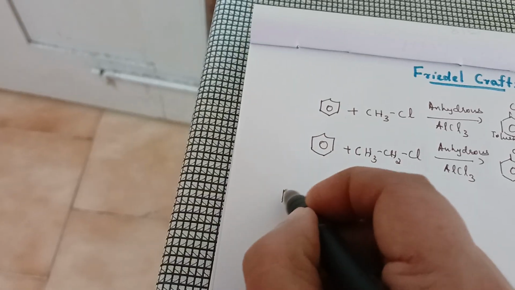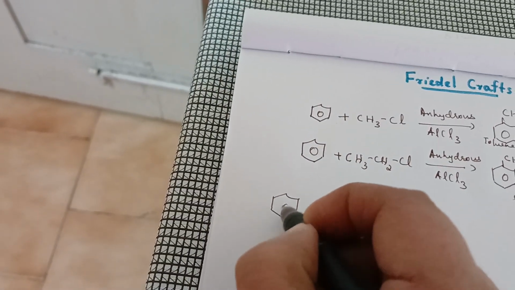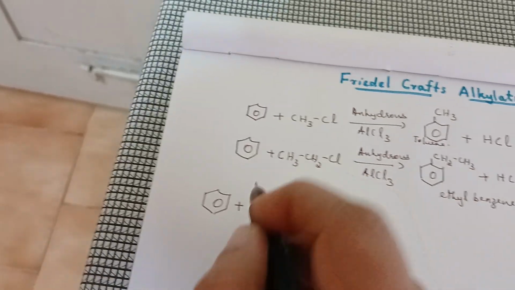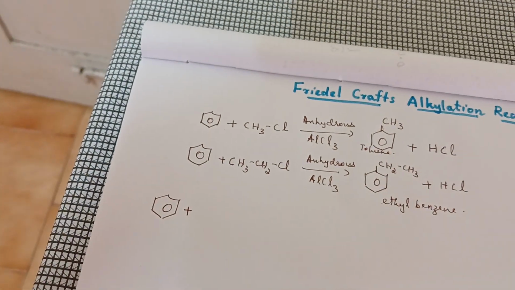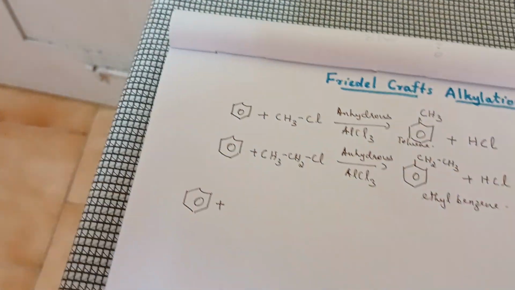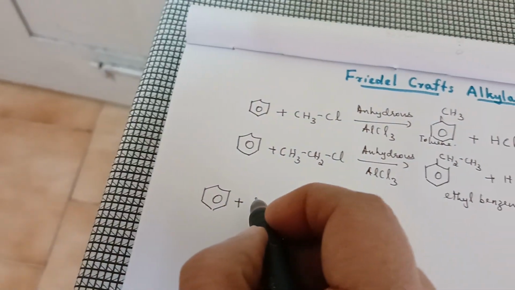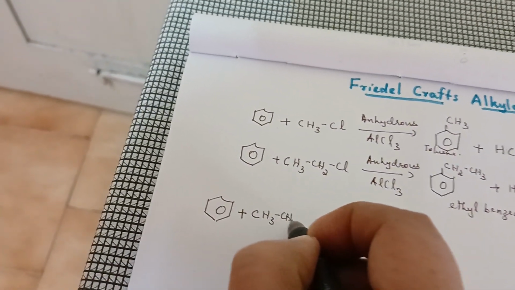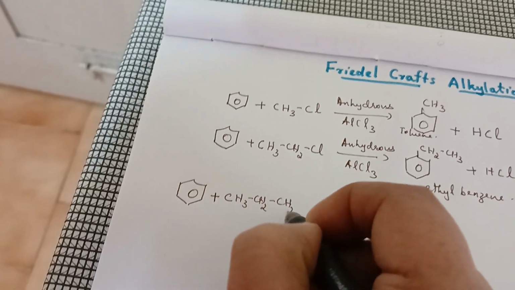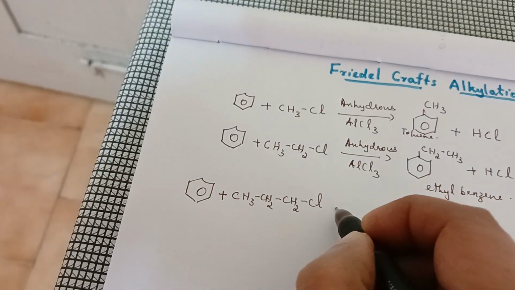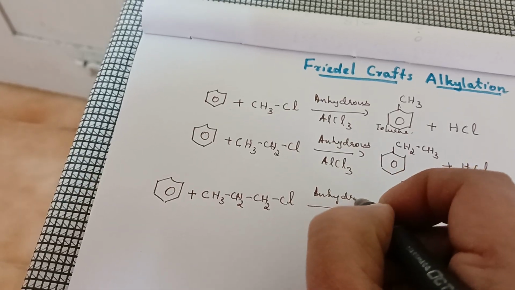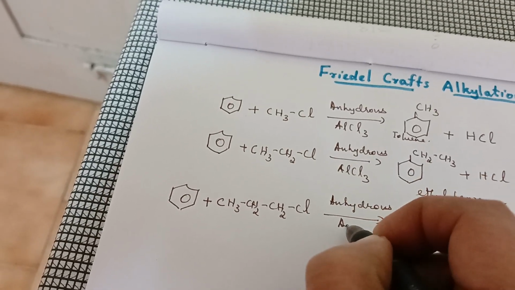Now if we take another example, say benzene on treatment with, say, monochloro, that is 1-chloropropane, that is CH3CH2CH2Cl, again anhydrous AlCl3.